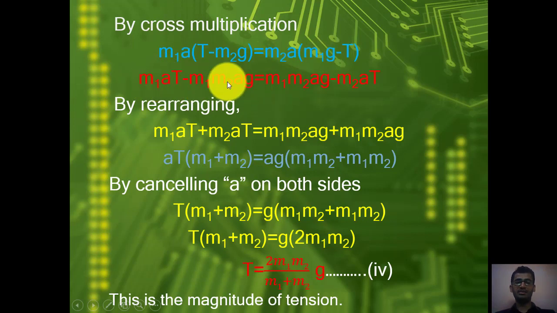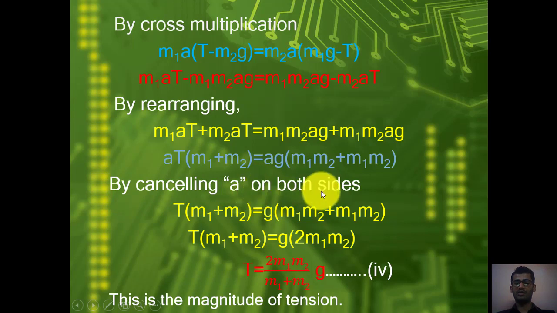By rearranging this equation, we get m1aT plus m2aT is equal to m1m2ag plus m1m2ag. Taking aT common, we are left with m1 plus m2 is equal to ag into m1m2 plus m1m2.